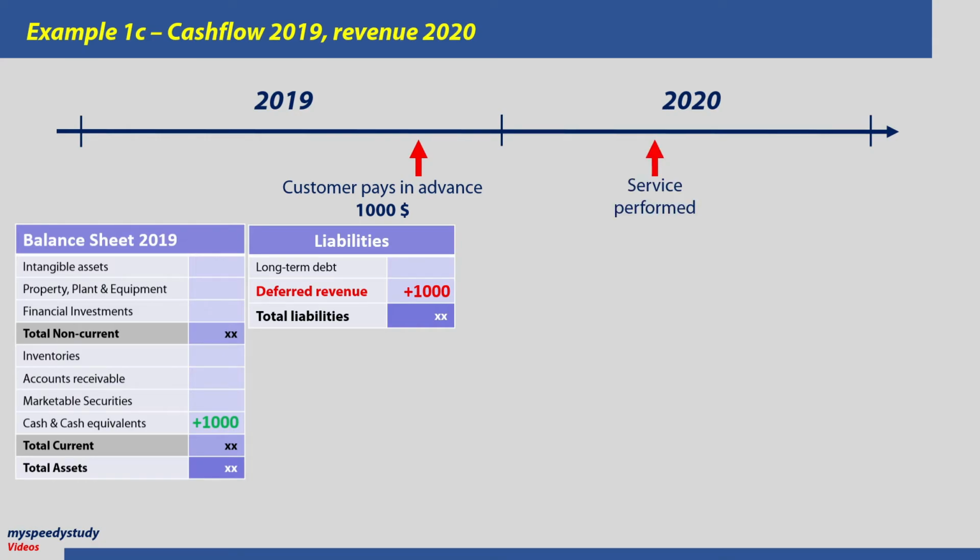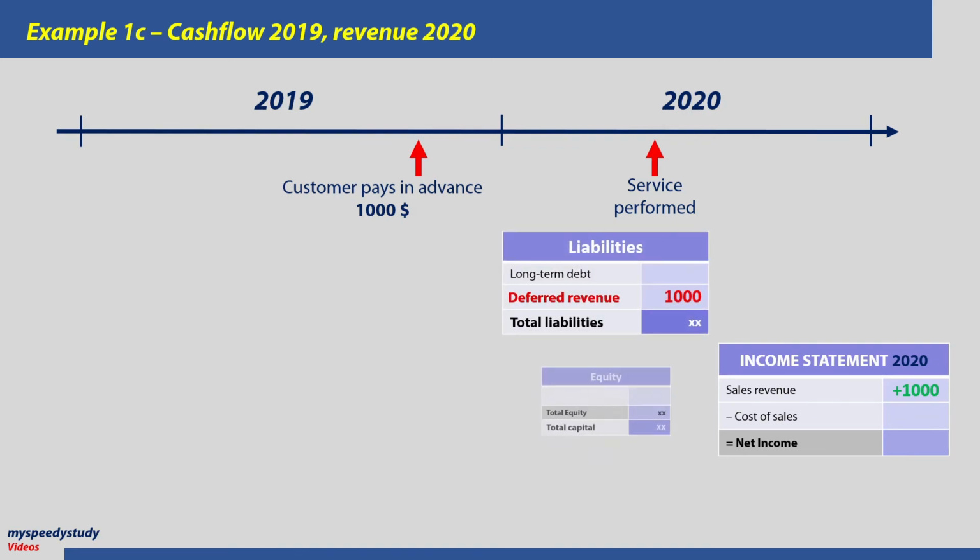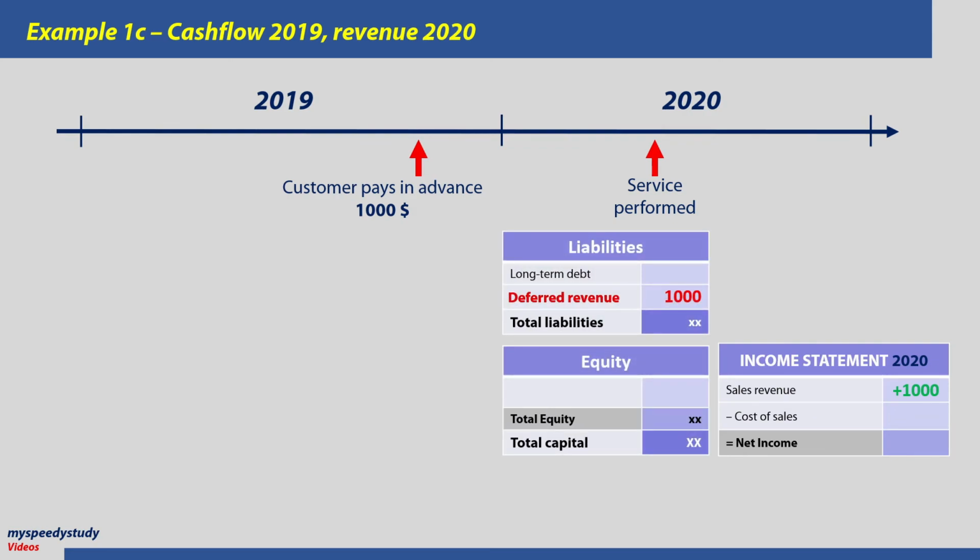Then in 2020, let us assume the service was performed. Now these 1,000 will appear as a revenue in the accounting system. Since the company performed the service, fulfilled its obligation, this is no longer a liability. The deferred revenue liability is removed from the accounts, and at the same time, the revenue increases the equity, because that is what a revenue does.